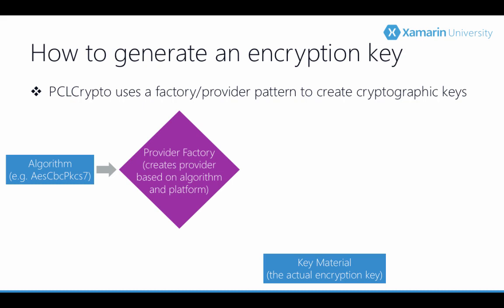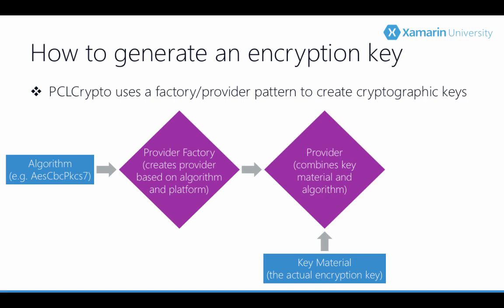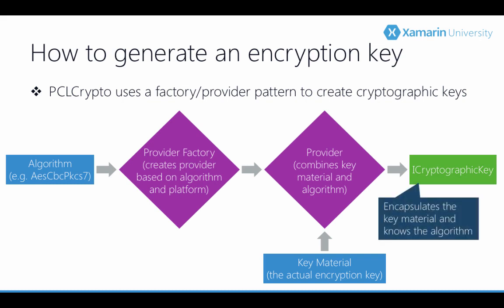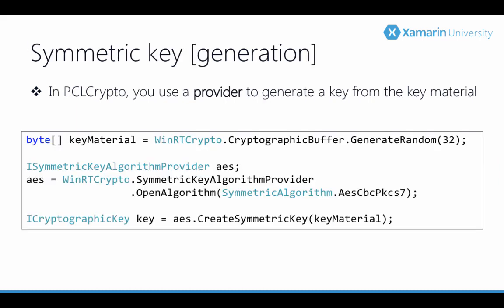And we use the provider factory to generate an encryption provider. Now this provider knows the algorithm, and the provider creates an ICryptographicKey object for you. And the ICryptographicKey encapsulates both the key material and the algorithm. And this object is what you'll use for your encrypt and decrypt operations.